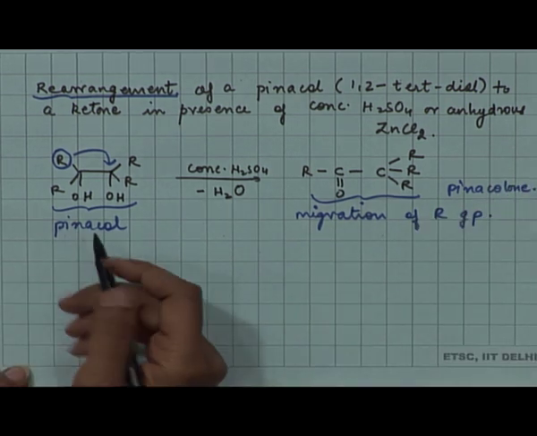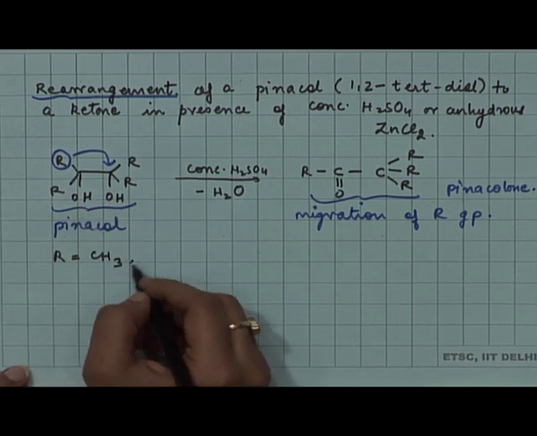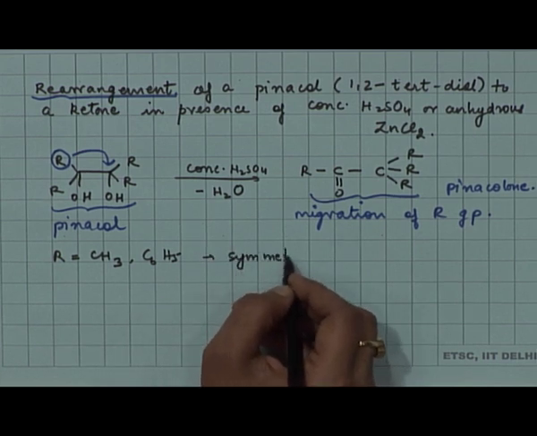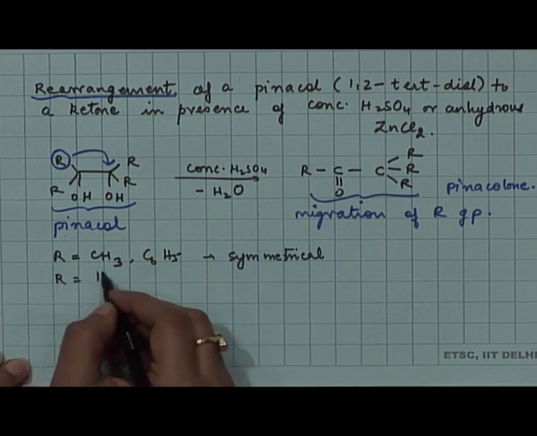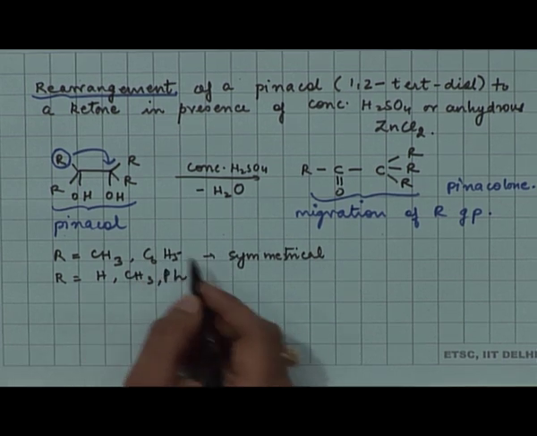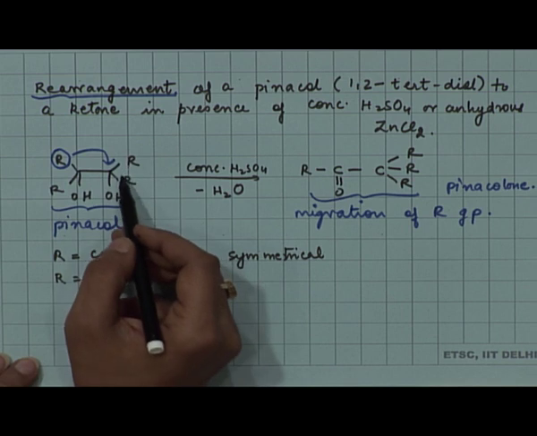Now, in this case your R could be anything, it could be a methyl. So, it could be a tetramethyl, it could be a tetraphenyl. If you have this, then it is your symmetrical pinacol. You can also have different R's. So, your R could be H, methyl, phenyl, or a mixture of these. So, the question is which R is going to migrate.